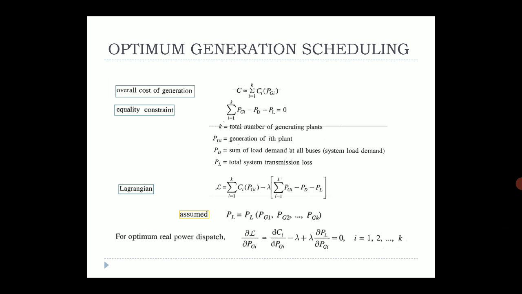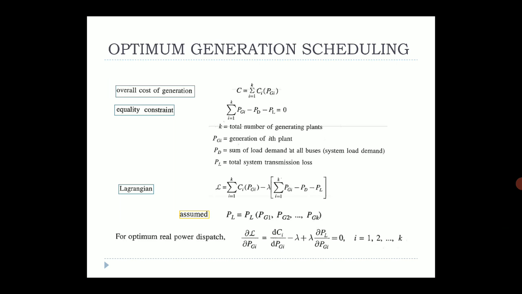So we put it in Lagrangian form, the main function minus lambda times the constraint function, and then we take the differential. Here something is assumed: that the loss in the transmission line is a function of all the real power generated.